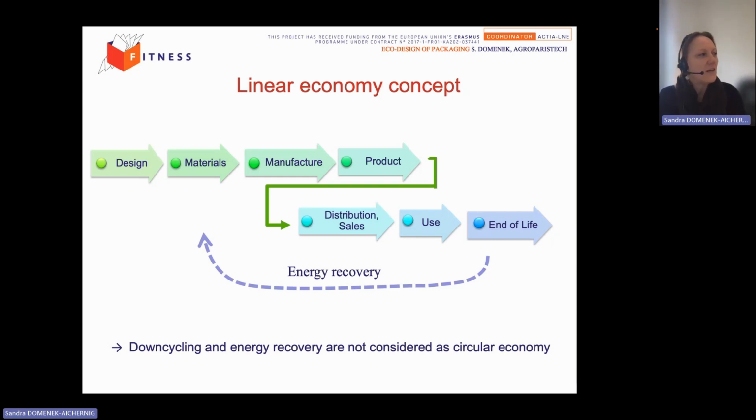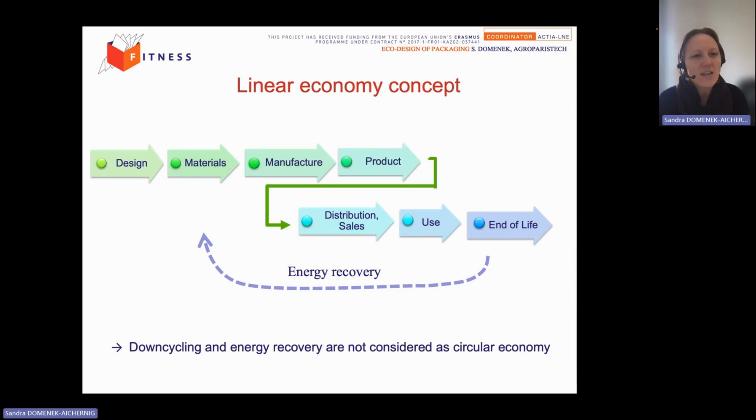So this is linear, where you have an extraction or excavation of raw materials, and over a short time they end up in a waste treatment station somewhere. What is important to know there is that only energy recovery does not count for circular economy. So energy recovery, which is incineration of wastes, this is still a linear economy concept.